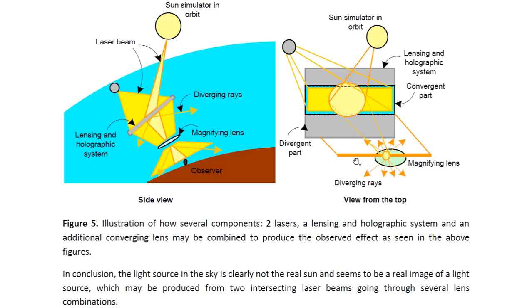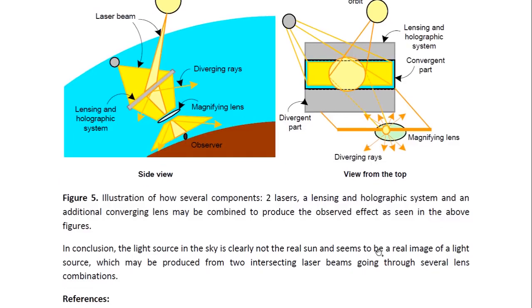And then this part here of this light that comes from this laser here, or the sun simulator in orbit, would fall on the divergent part and produce these divergent beams on either side of the central circular region. So on both sides you have part of that falling onto the divergent part of the lens system, which would produce these divergent beams.